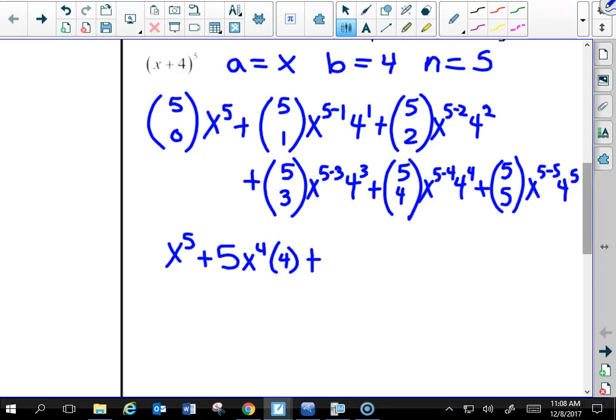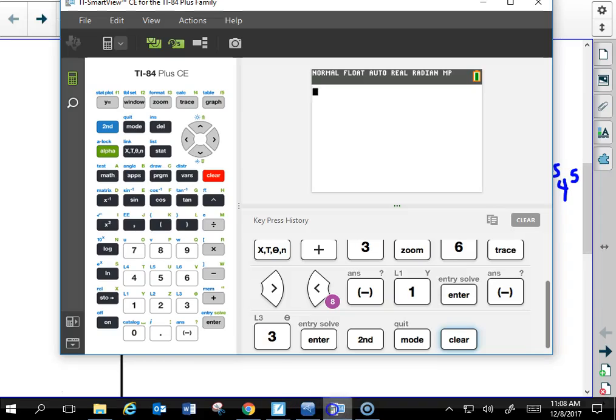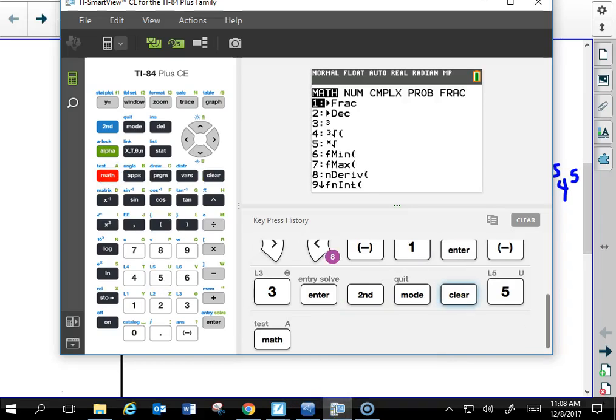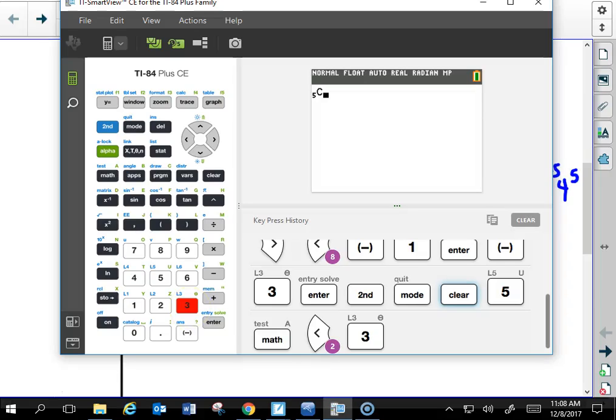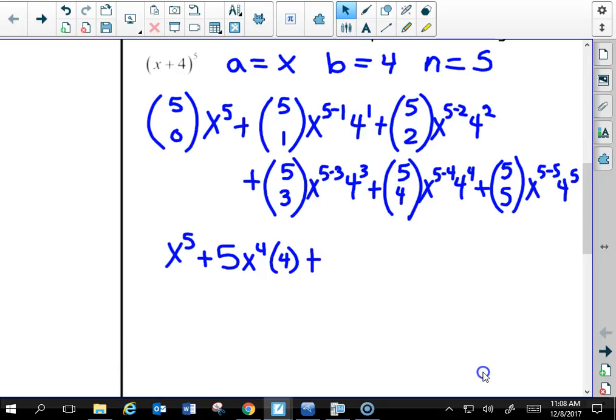5 and 2, it turns out that 5 and 2, when I put that in the combination, I'm going to show you that just to start with. I'm going to type my 5, press math, probability, 3, and now I'm going to put in the 2, and there's my 10.